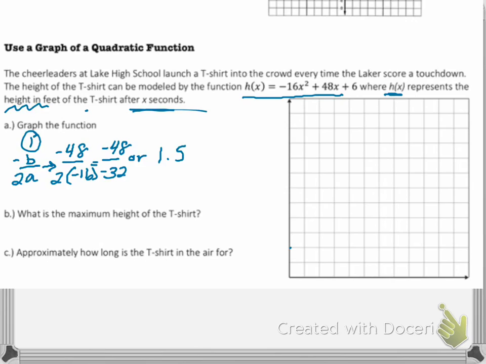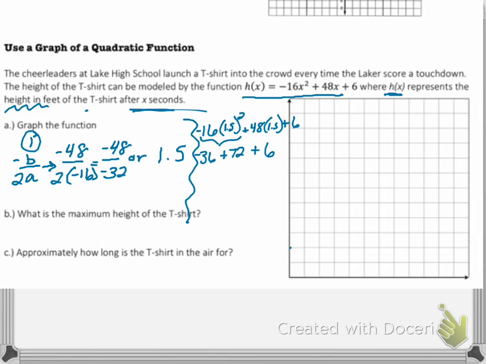And then I'm going to find my vertex. Not a whole lot of room here, but I'll plug this in. So I'll do negative 16 times 1.5 squared plus 48 times 1.5, and then, I could barely fit this in, plus 6. So then I'll simplify this part, which is negative 36, plus 48 times 1.5 is 72, plus 6.